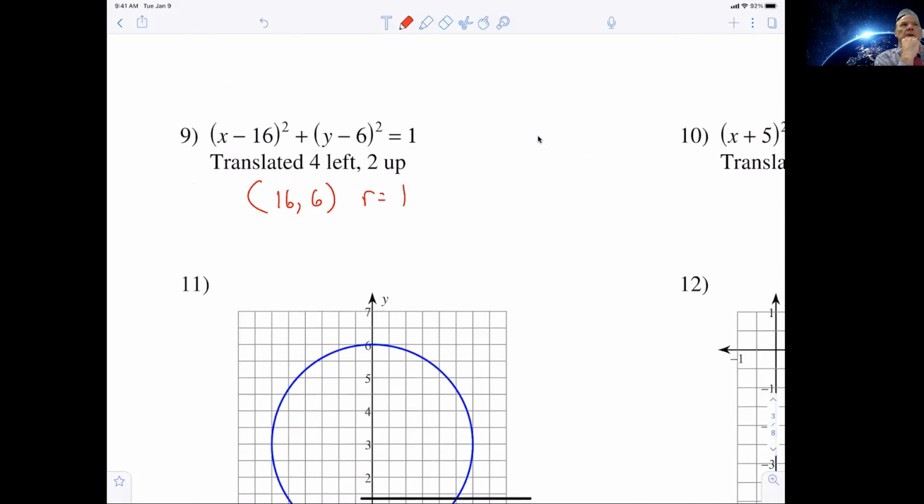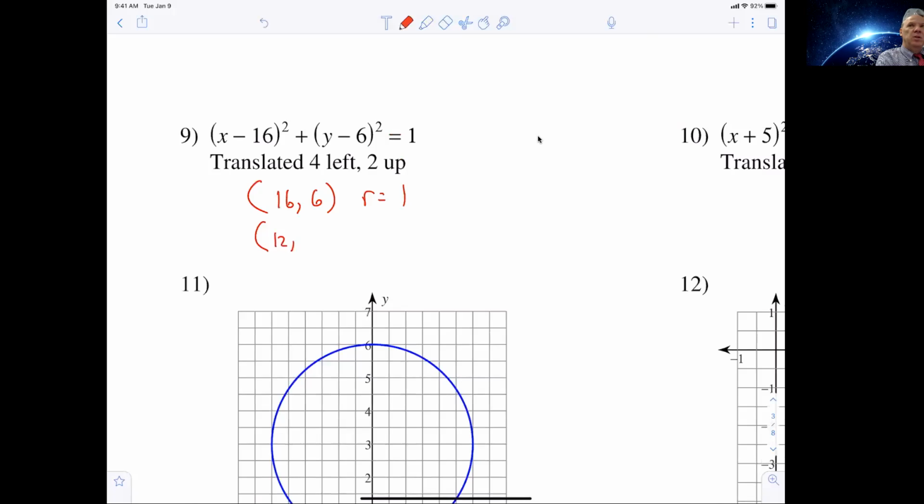1. Okay, so now if I move this circle 4 units to the left and 2 units up, what is the new center? 12. Wait a minute, translate it 4 units left. Wouldn't that be 12, right?